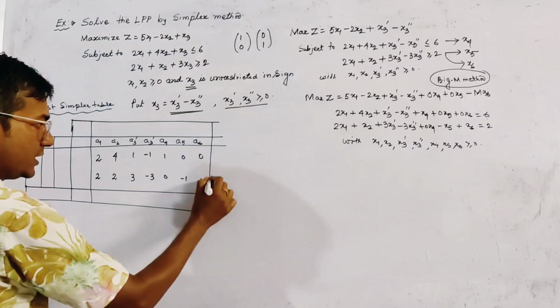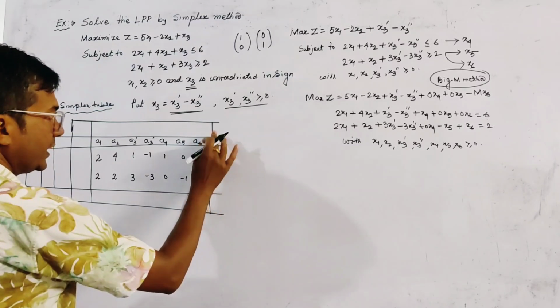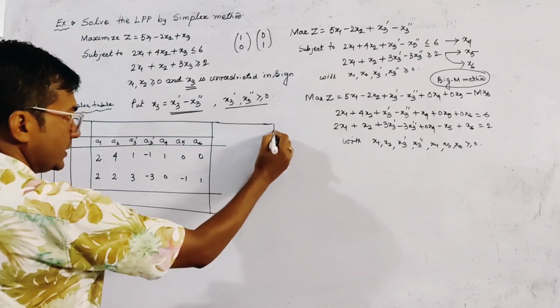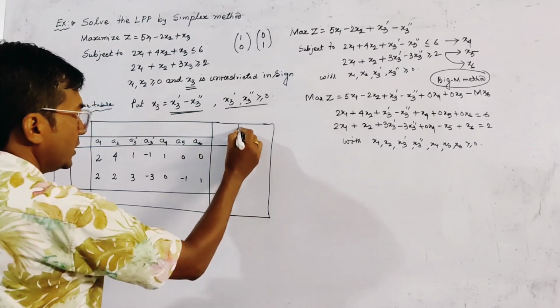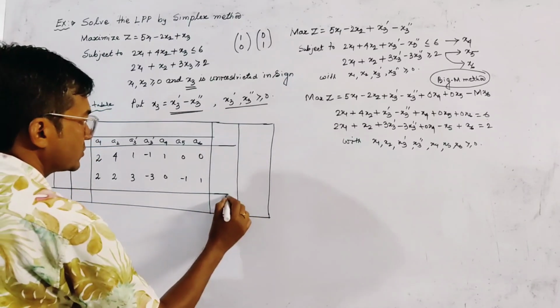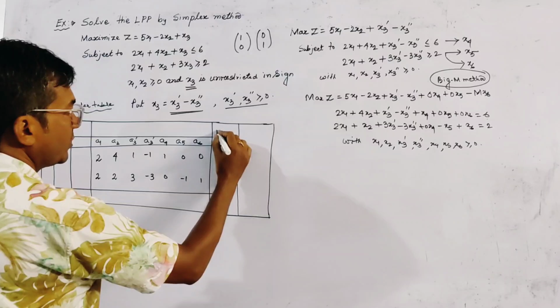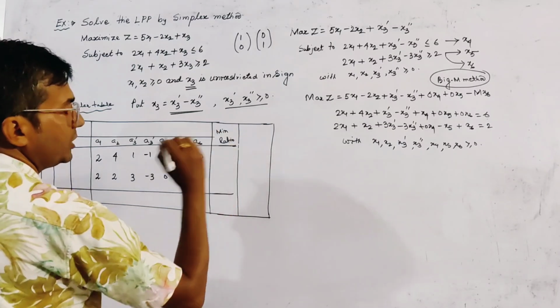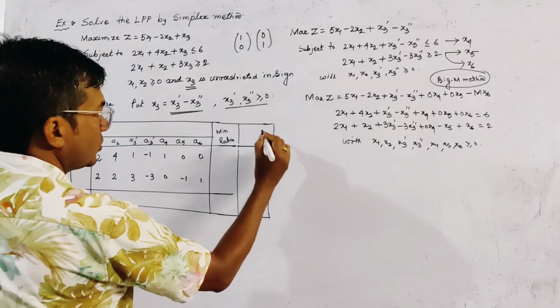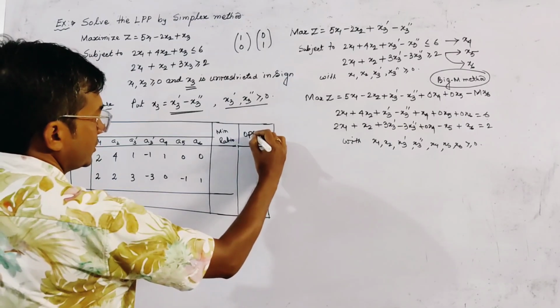This is the table, and here we draw another 2 columns. The first column we write as min ratio, and in the last column we write upper cell.